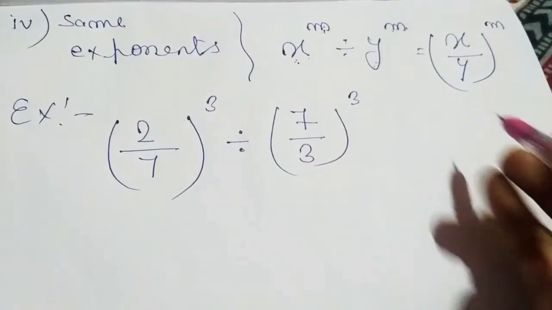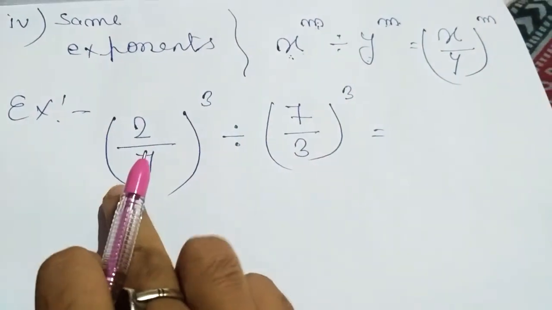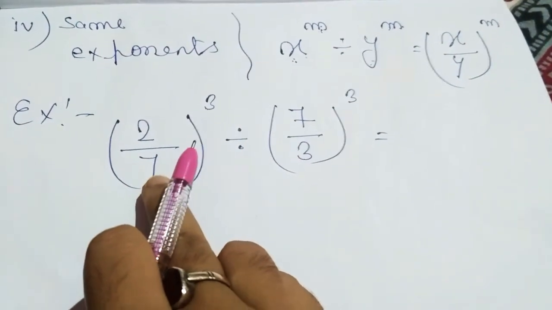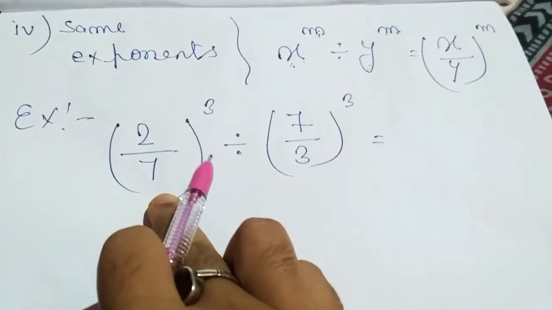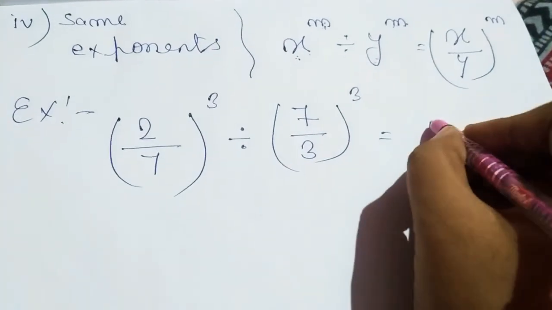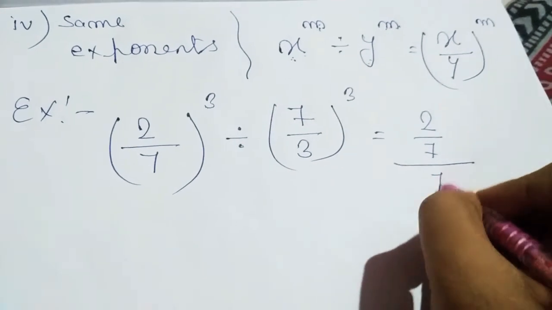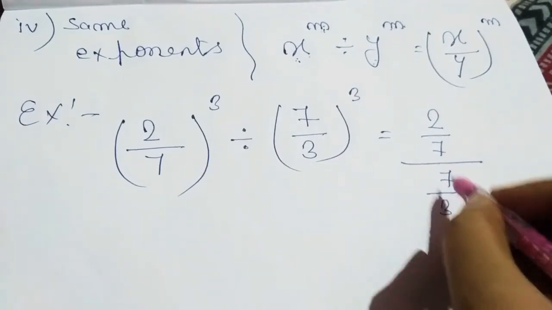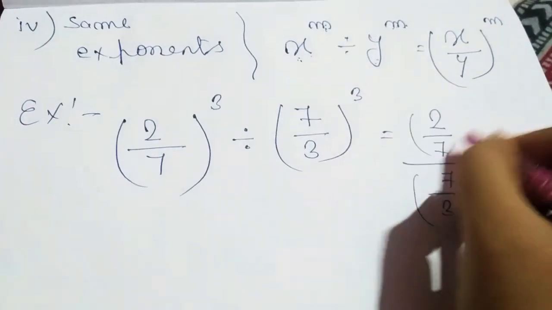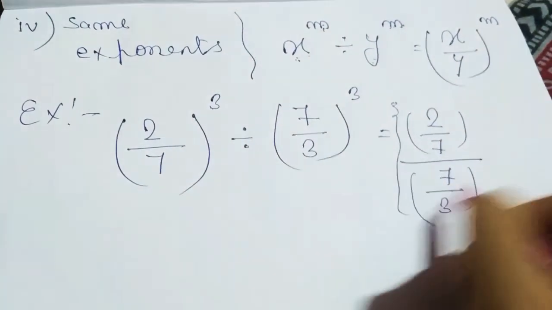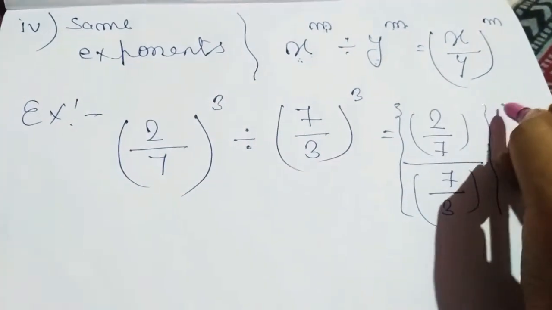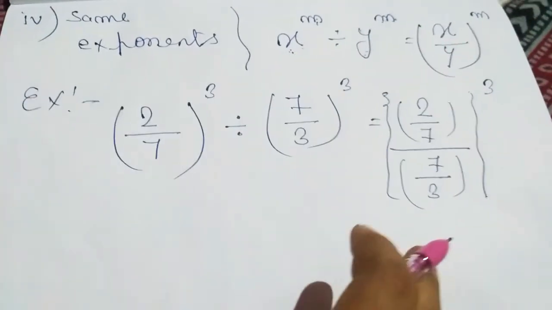So what you have to do, you have to divide only the bases. So bases you have to divide, then 2/7 by 7/3 and take common exponent like this.